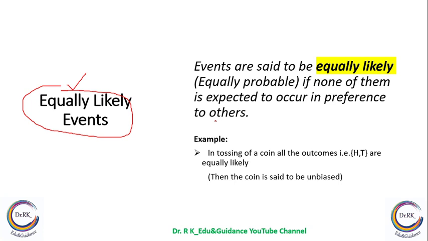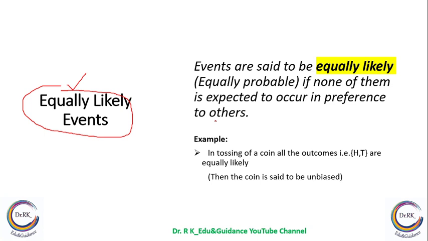Suppose we take tossing of a coin, head and tail. When we do this experiment, there is no preference. It is not that head has the first preference and tail the second preference. There is nothing like preferences, therefore these are called equally likely events.